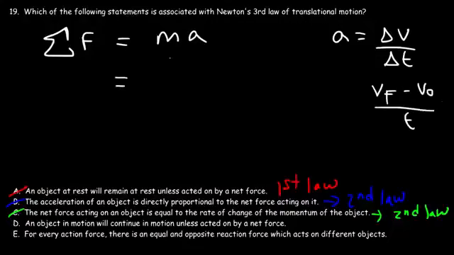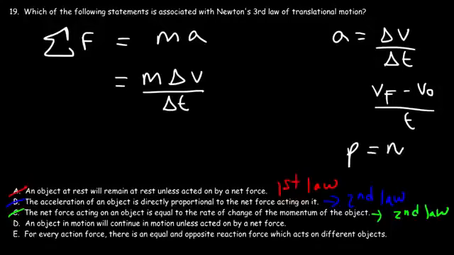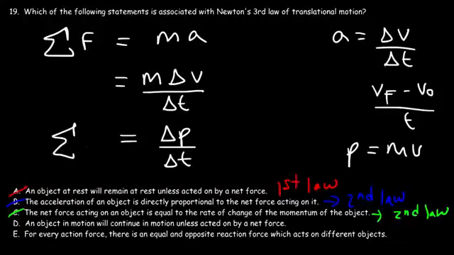So therefore, the net force is mass times the change in velocity divided by the change in time. Momentum is mass times velocity. So mass times the change in velocity represents the change in momentum. So the change in momentum divided by time is equal to the net force of the object.